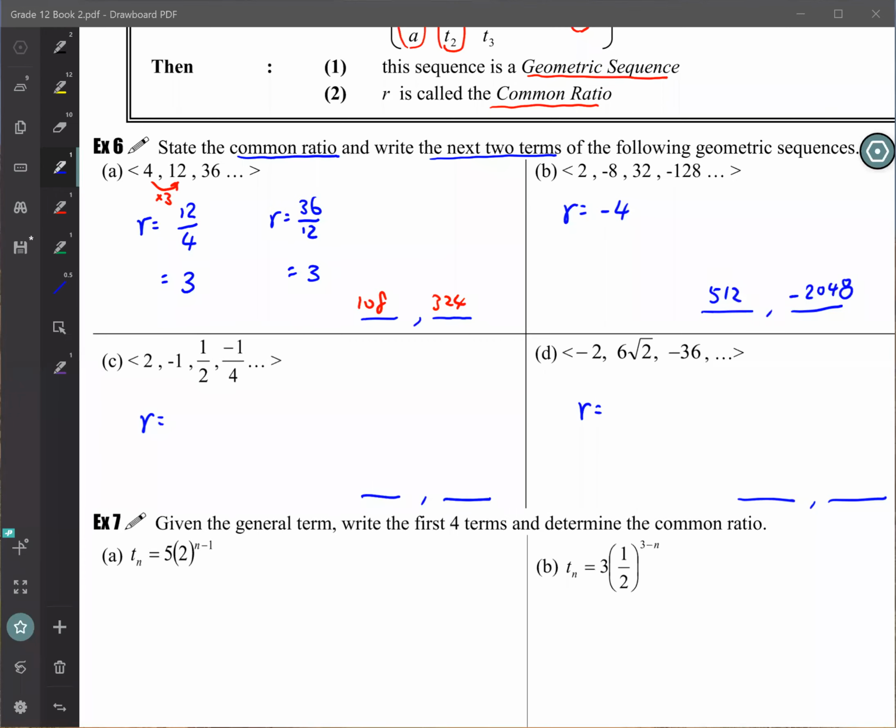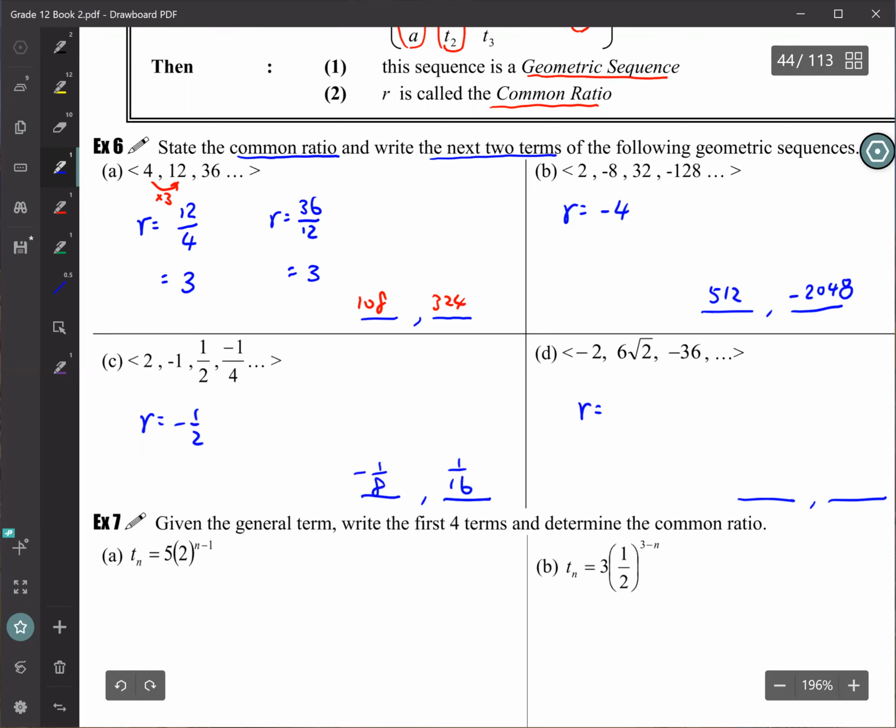Okay, Cindy, do you have the ratio for C? -1/2. Yeah. And Kelly, do you have the two terms for C? -1/8 and 1/16.